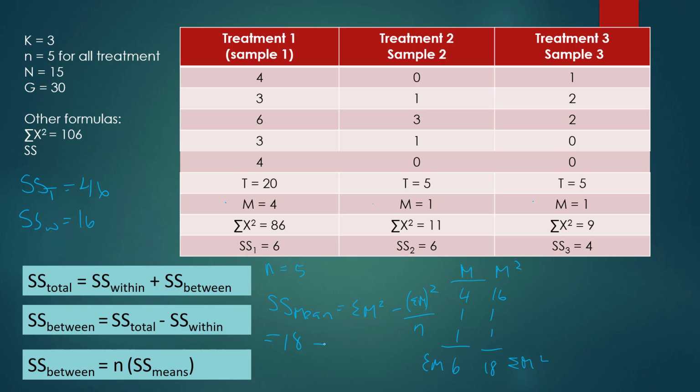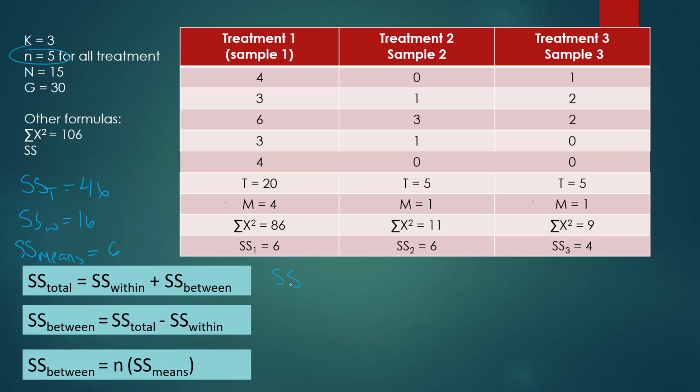So 18 minus 6 squared over how many means do I have? I have 1, 2, 3 means. So it's not the n that's up here. It's the number of values I'm calculating. So it's going to give us 18 minus 12, which gives us 6. So now our SS means equals 6.